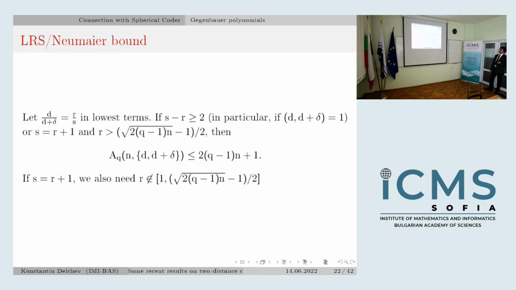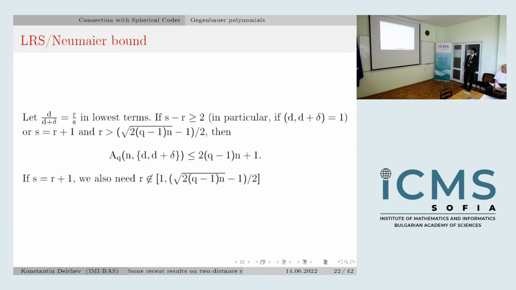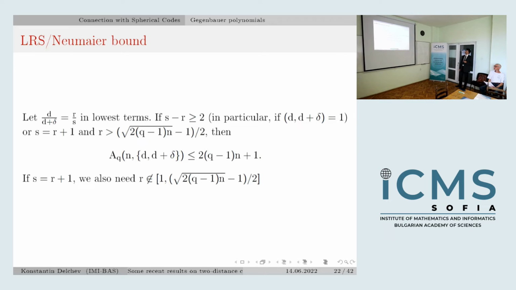So based on the construction that we had and knowing that we can do a lot with spherical codes, we can have this bound, which is due to Larman-Rogers-Seidel and improved by Neumaier. Let d over d plus delta equal d over s in lowest terms, and this holds true, then this is true. If s equals r plus 1, then we need also this to happen.